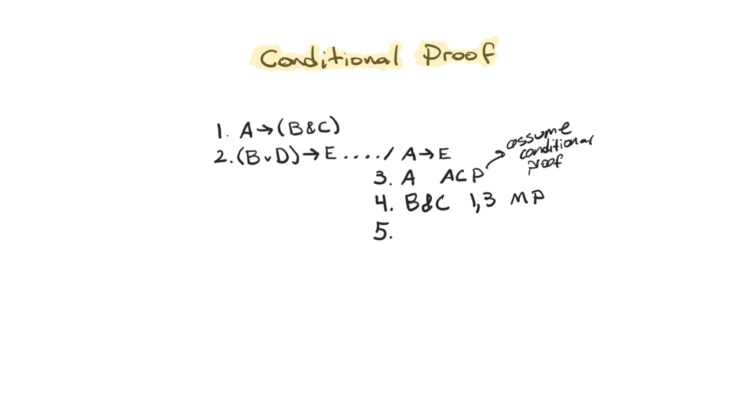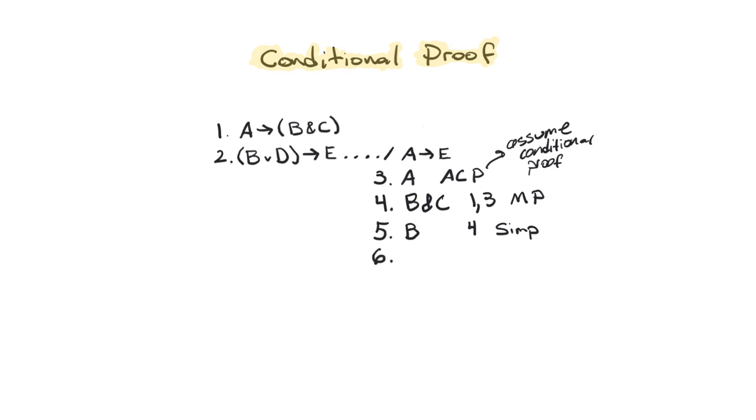So what we can know is that B is true. We can derive B from B and C because in a conjunction, both B and C need to be true. And we could justify B from line 4 using the simplification rule. SIMP is short for simplification.